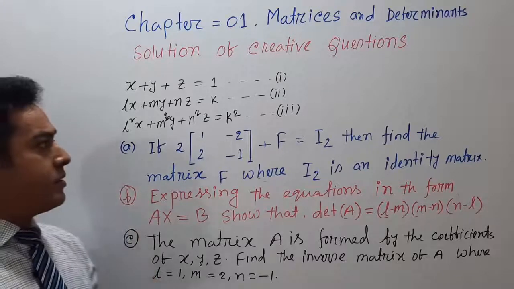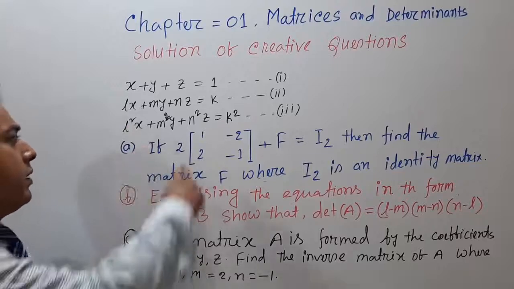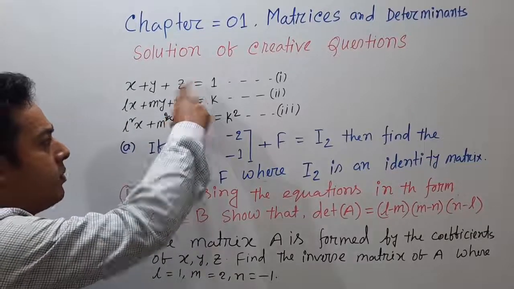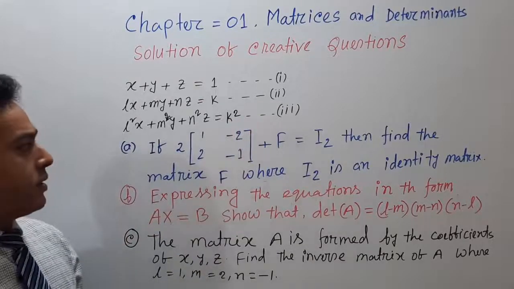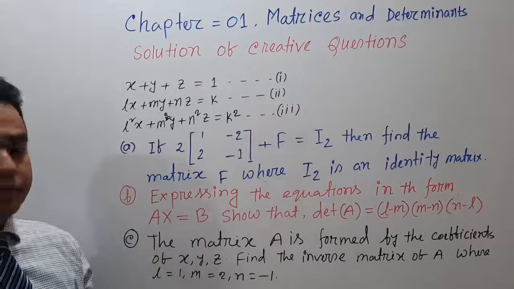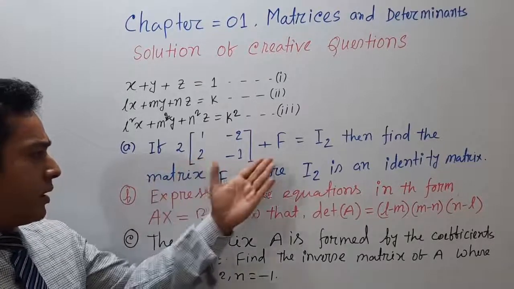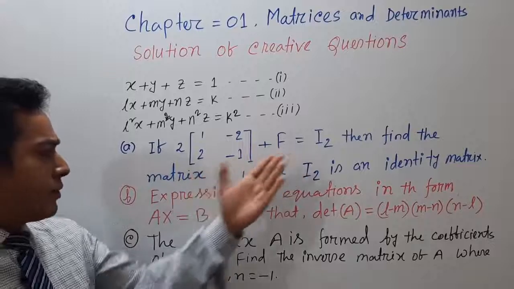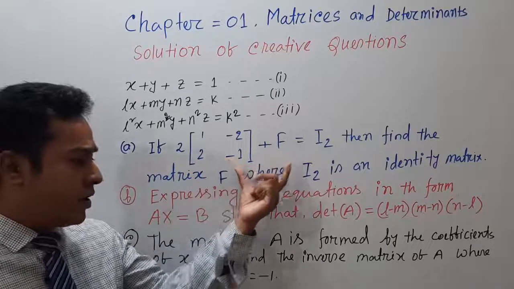Okay, dear students, our today's creative question. Here, a system of linear equations with 3 variables is given. Now, first question: if this is an expression, we have to find the matrix F from this given condition.